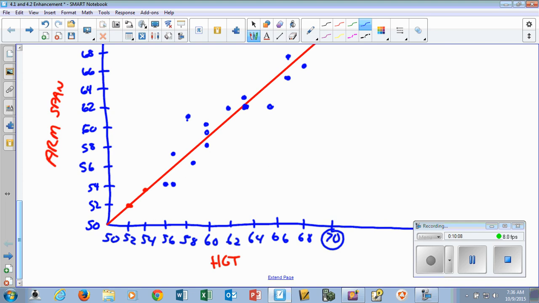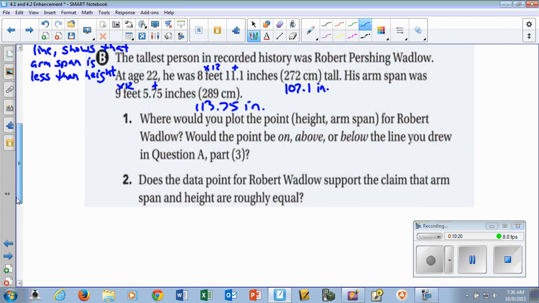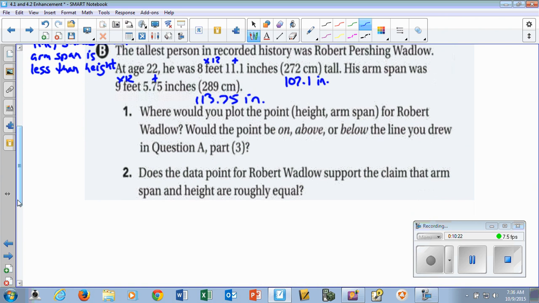We'd have to make a huge, huge graph just to fit that point from where the majority of our data points are, don't we? So it's not even close. If you guesstimate where your line is going, more than likely, because his arm span was greater than his height, it would have to really fall above the line.